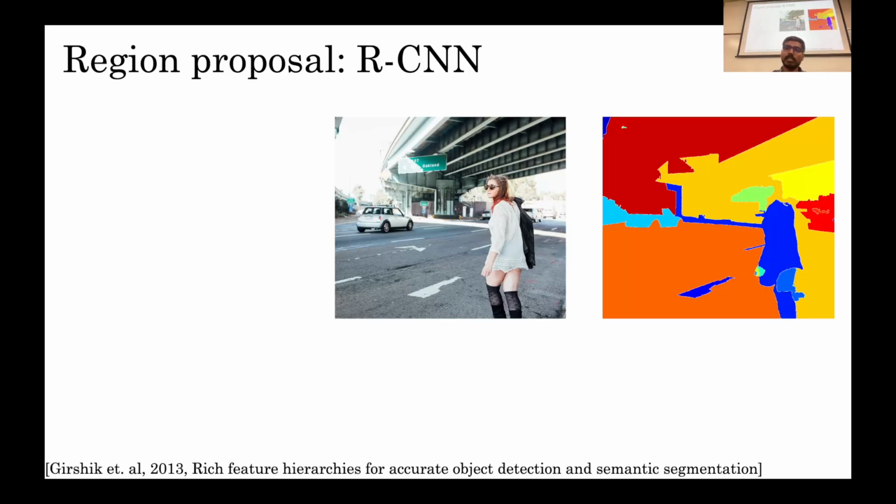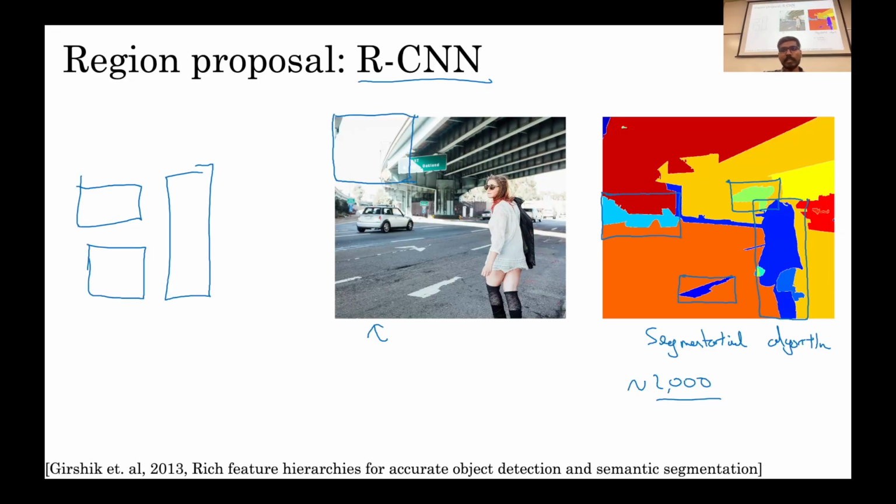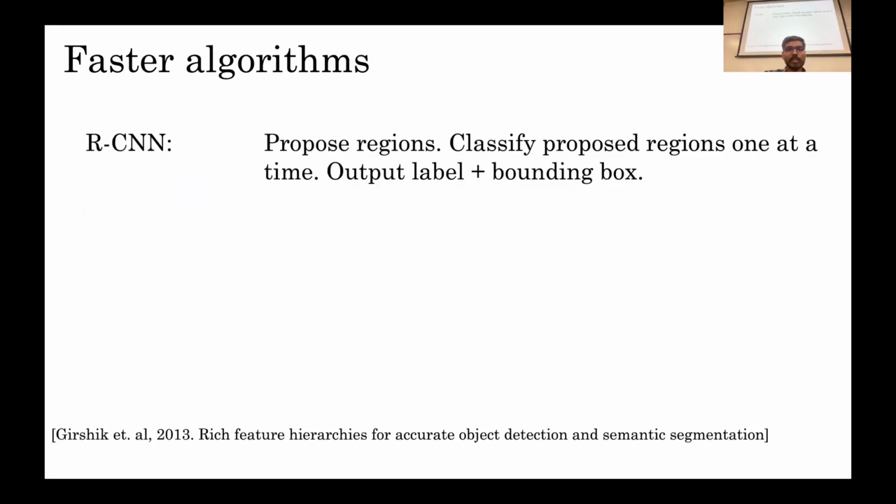In RCNN, they use some segmentation algorithm to segment the image, and then they propose some regions. On the right hand side, you can see there are some regions which are proposed, and then for each of those regions, they use all the material we have covered in the previous slide. For each bounding box, they try to predict an object. When the first RCNN algorithm came, they proposed the regions and then classified them one at a time.